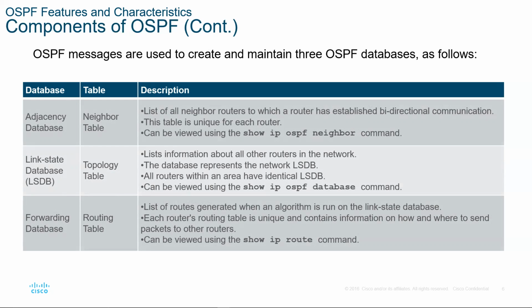Now, all the routers, if it's a fully converged network, should have identical link state databases. You can view this database with show ip ospf database, and from that it will build its forwarding database, which is where the algorithm runs and determines the best path or paths to a destination.